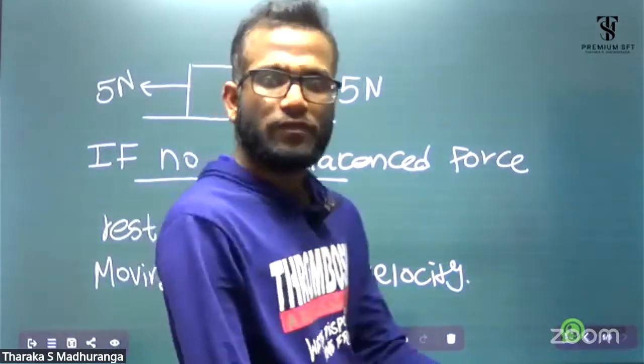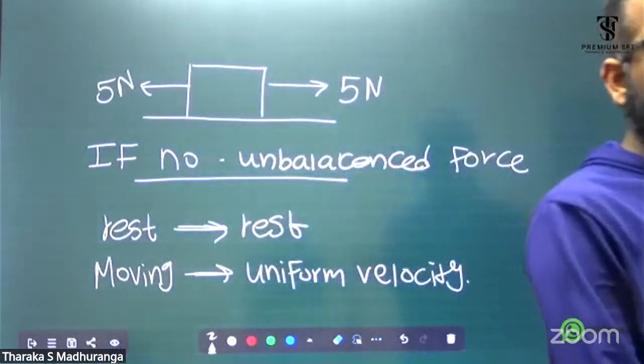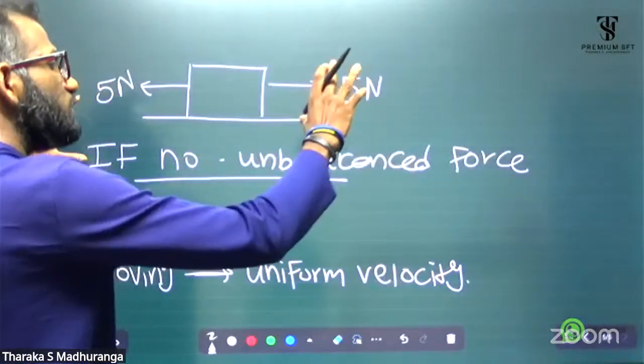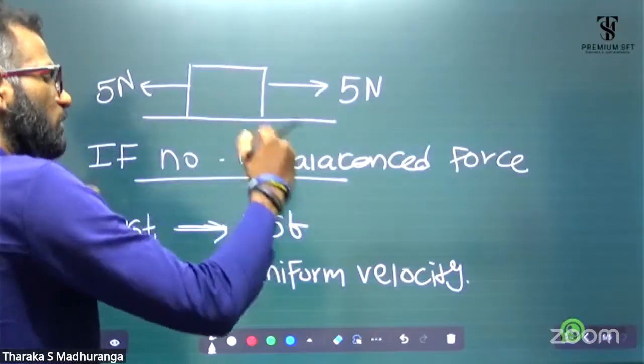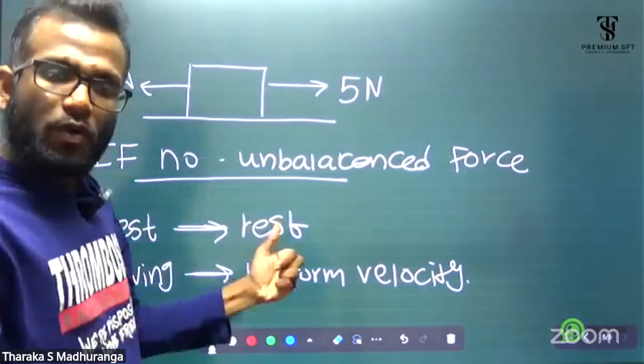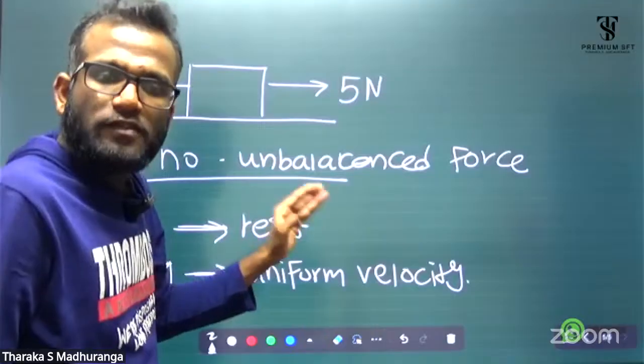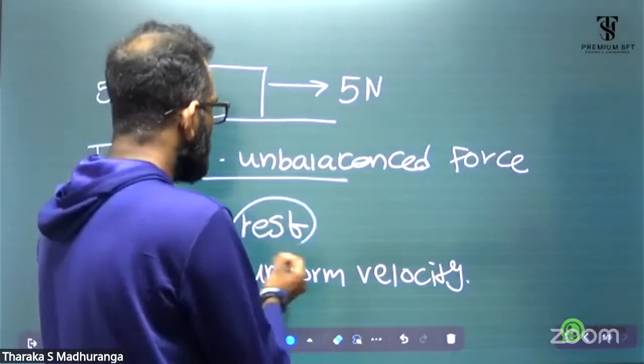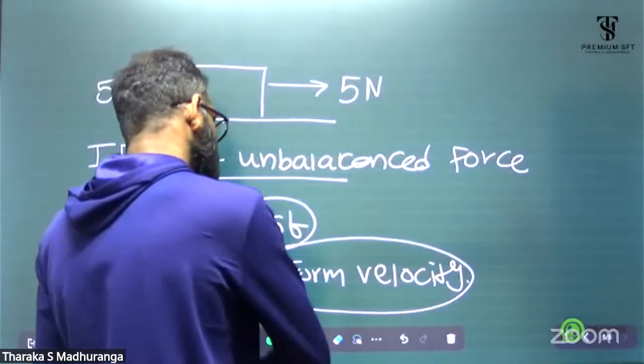That's the meaning of Newton's first law. If any object is balanced, it is either moving with uniform velocity or stationary, at rest. That's the story behind Newton's first law.